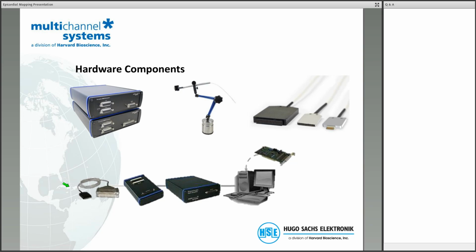So before I show you those chips, let me go to the hardware that is needed to do such an experiment. And you see we have a number of different options to perform such an experiment. I would like to start here at the bottom of the slide where you see the cursor right now. In any case, the element that is interfacing with the flexible array is the head stage unit.